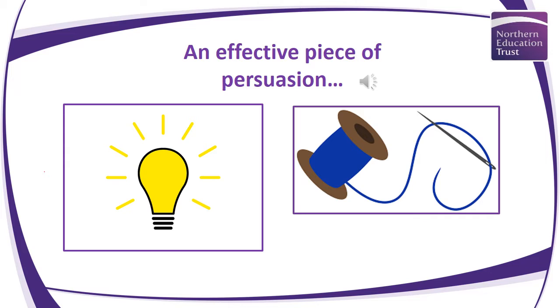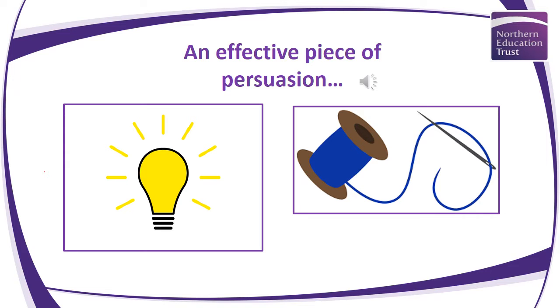Now the first thing that I want to show you are these two images. So what does an effective piece of persuasion include? The image on the left represents ideas, and that should be pretty obvious. For a piece of persuasion to be effective, it needs to be engaging, it needs to be interesting, just like a piece of description needs to be, but it also needs to have a clear voice and discuss some relevant and appropriate ideas.